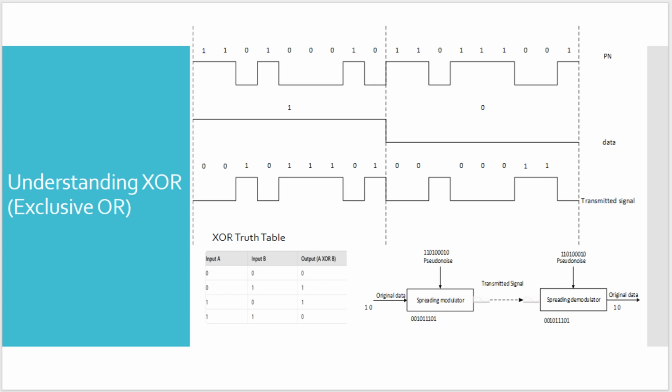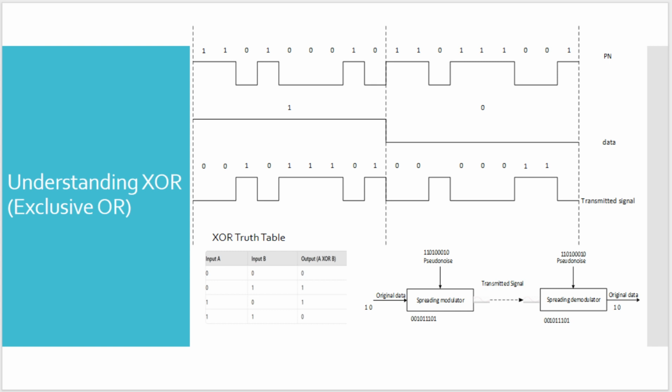Okay, so in summary, the XOR operation is used to combine the data signal with the PN sequence, spreading the signal over a wide frequency band.